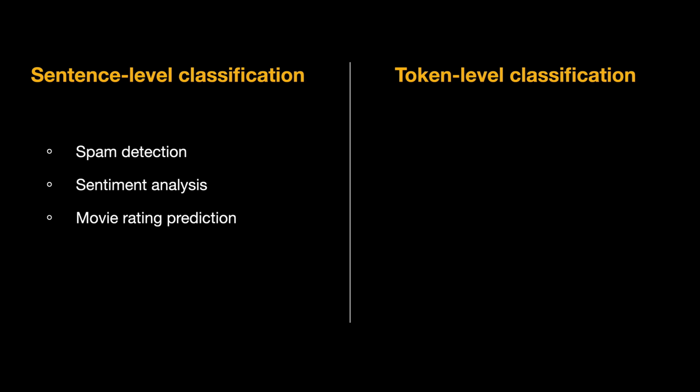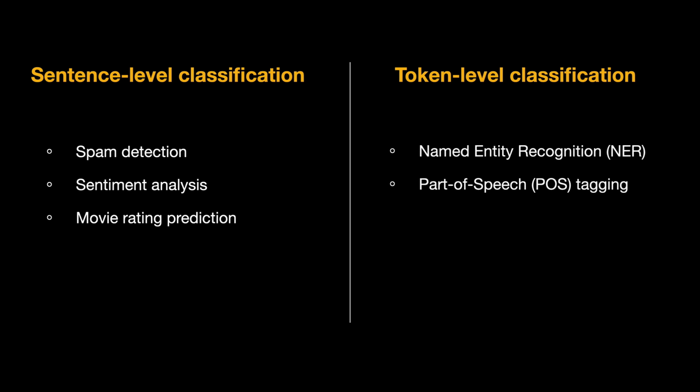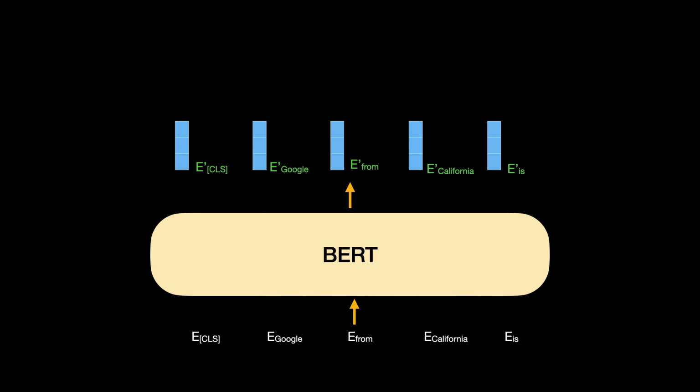But if you are solving token level classification problems like named entity recognition or parts of speech tagging, then CLS token output is not helpful, because we aren't interested in the summary, but we want to make prediction for every single word. Let me give you an example of named entity recognition problem. In this problem, you are given an input sentence and you want to classify what each word belongs to. Like Google is an organization, California is a location.